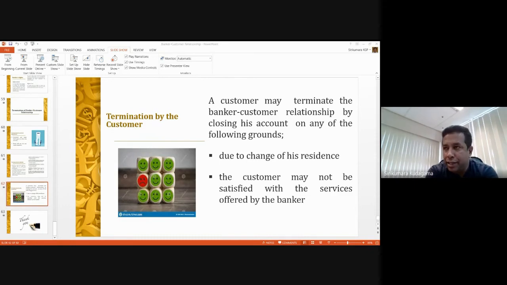So it is a very fine area. It's a very delicate area where you need to exercise due care and, above all, common sense, whether we should inform him or not. There are certain instances where a small amount of a customer's money may have been withdrawn by some other person.